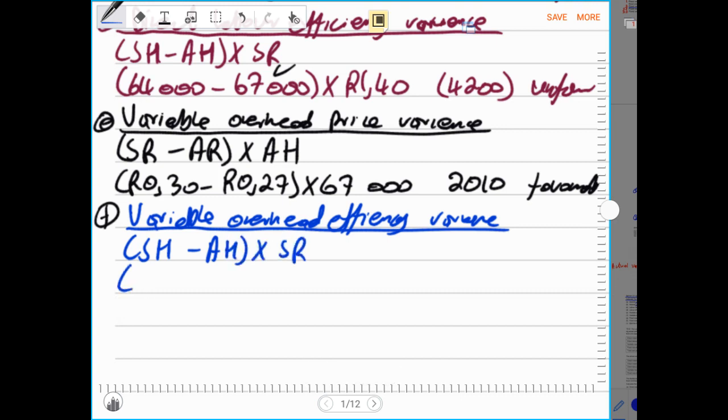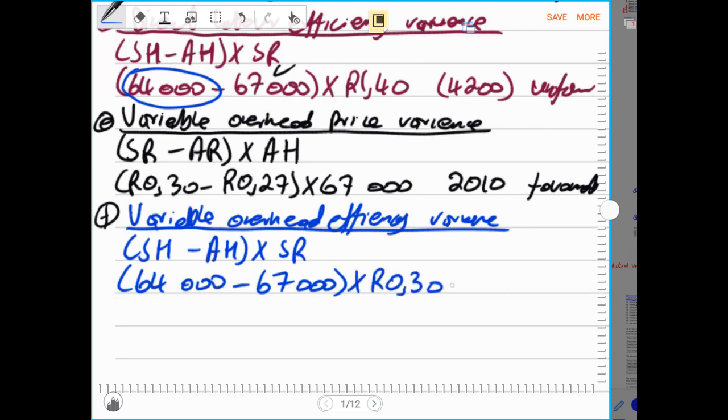Standard hours, they don't change. The same standard hours you calculated in the labor. Standard hours is 64,000 hours minus actual hours, which does not change, the same 67,000 hours, but the rate now is the standard rate, the variable overhead rate, which is 30 cents.